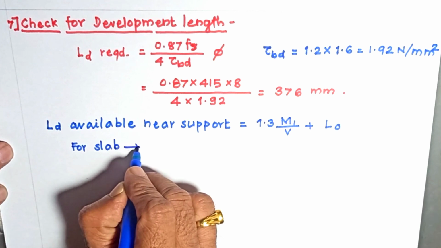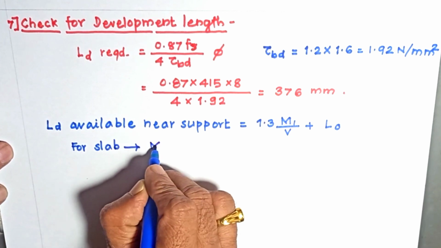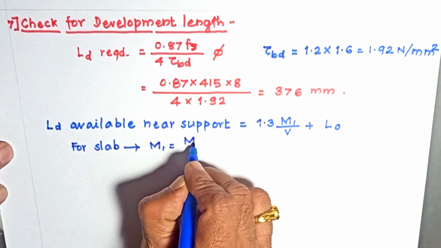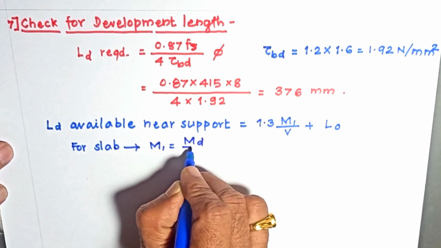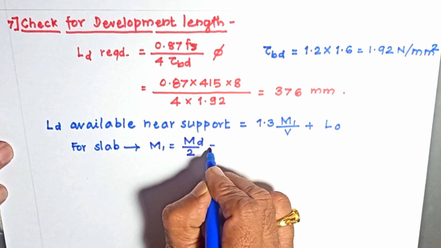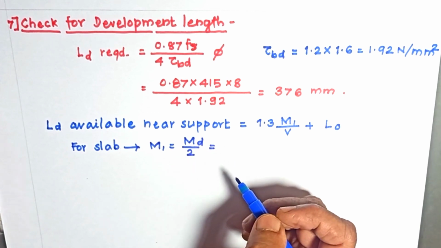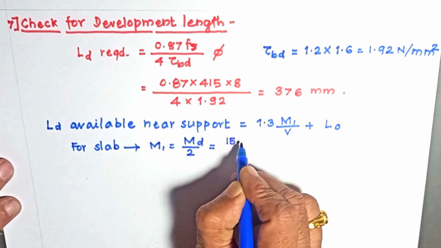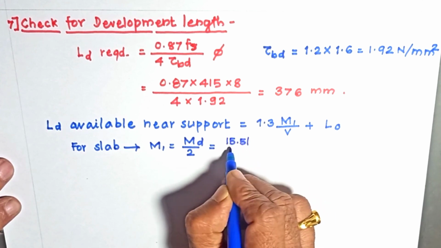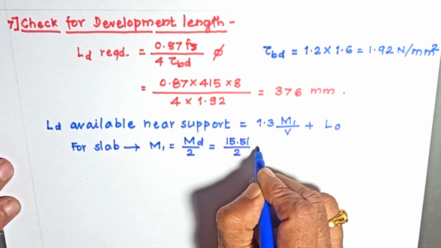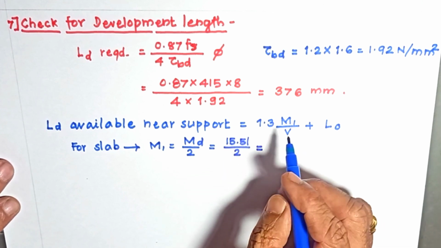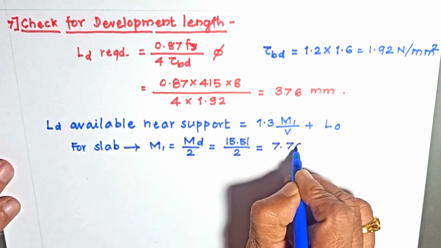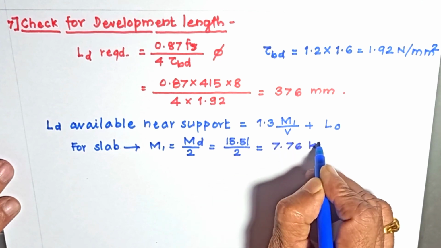For slab, M1 is taken as MD, that is the design moment, divided by 2, and our design moment was 15.51. So 15.51 divided by 2. Therefore, this comes out to be 7.76 kilonewton meter.